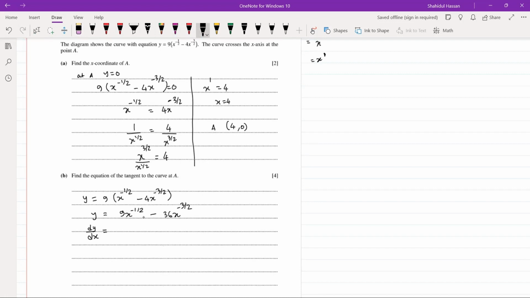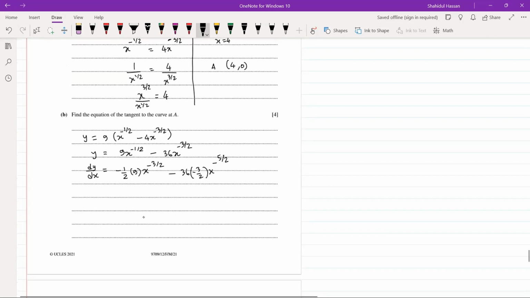Dy by dx should be equal to minus half multiplied by 9 x to the power minus half, subtract 1, we're going to have minus 3 by 2 minus 36. The power will be multiplied as a coefficient. The power will decrease by 1, so we're going to have minus 5 by 2.